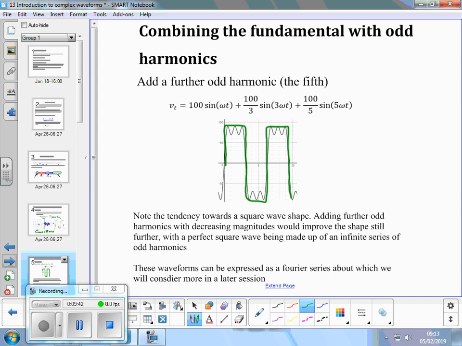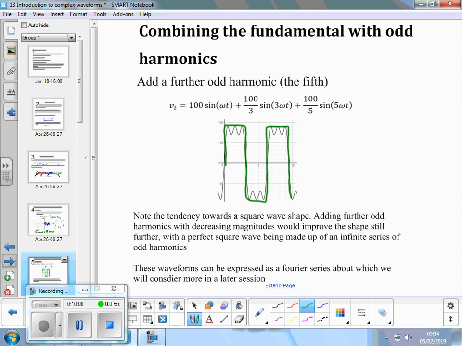If we kept on adding more harmonics, dividing the amplitudes roughly by the harmonic number, it's not quite that, as you'll see when we look at the Fourier series, but it's close enough for us at the moment. So the next one would be 100 over 7 times 7 omega t, and 100 over 9 times 9 omega t, and so on.